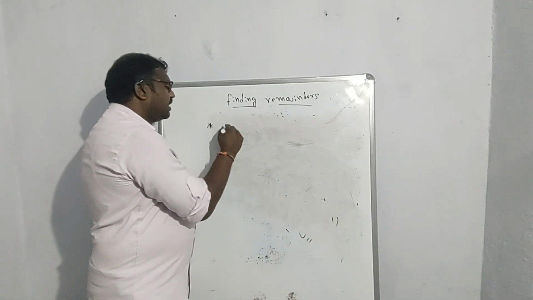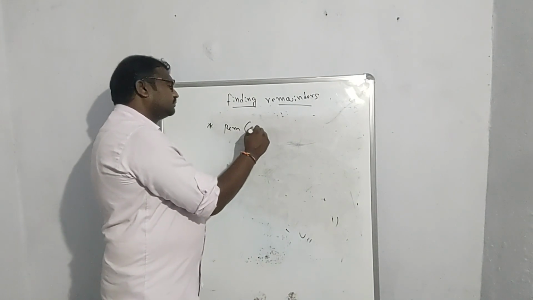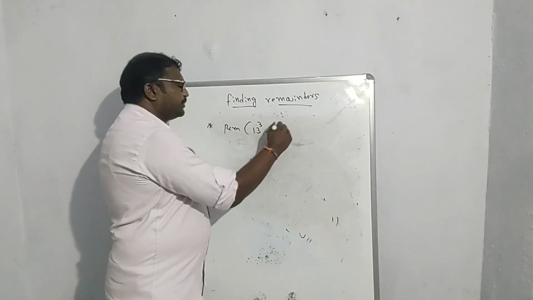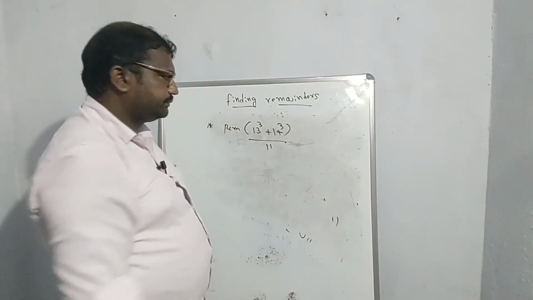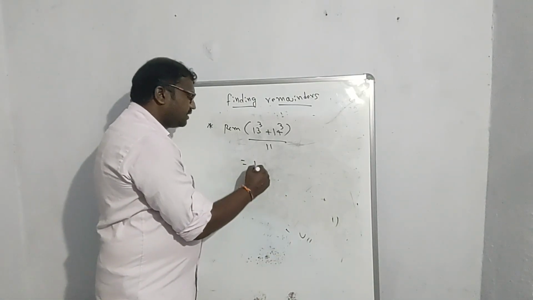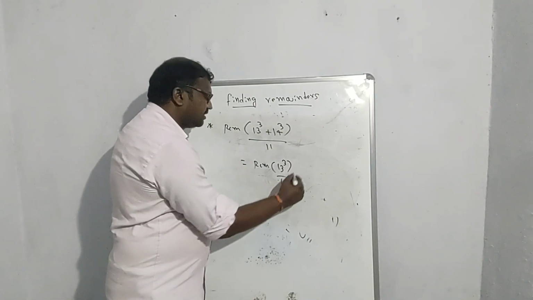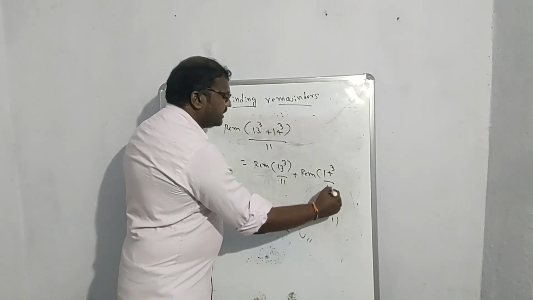Sometimes, the remainder of 13 cube plus 14 cube divided by 11. What is the remainder? Here I have to split the powers: 13 cube by 11 and 14 cube by 11.